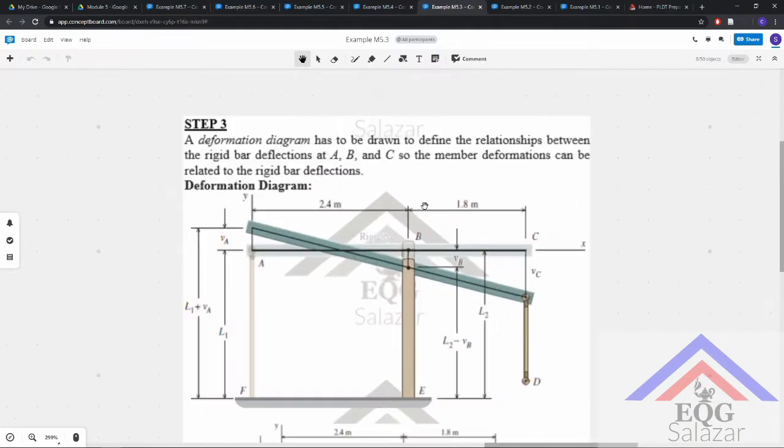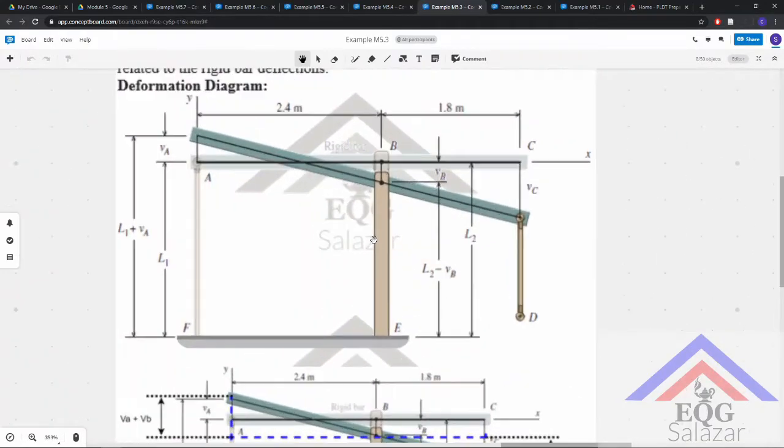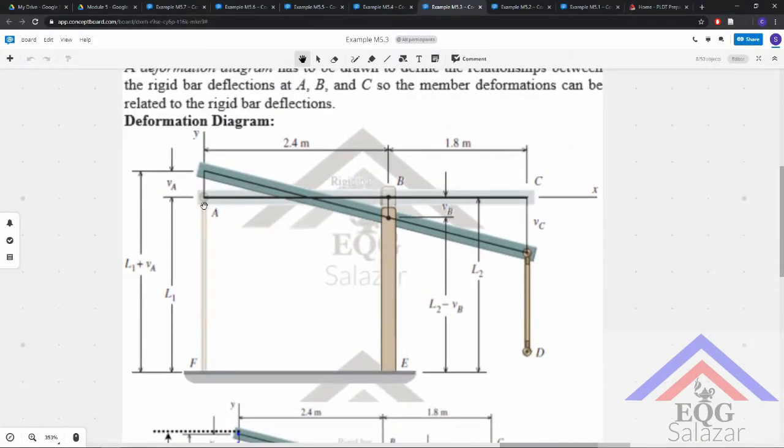It is drawn to define the relationships between the rigid bar deflections at A, B, and C, so the member deformations can be related to rigid bar deflections. Since this member is supposed to elongate, it will go up here. This is supposed to compress, so it will go down here, and this is supposed to elongate, so this will go down here as well.